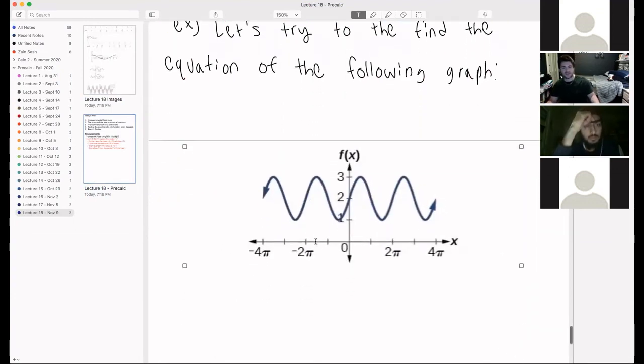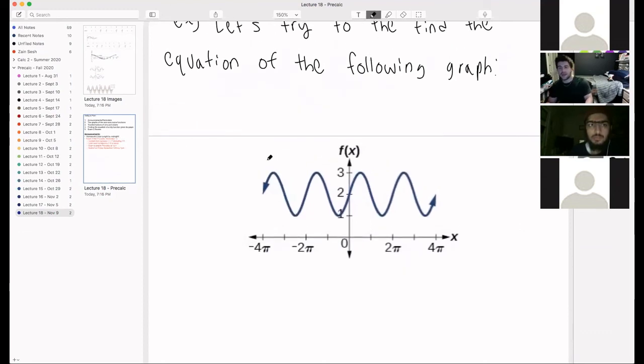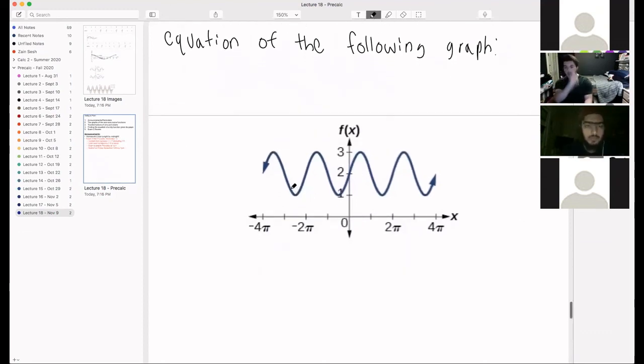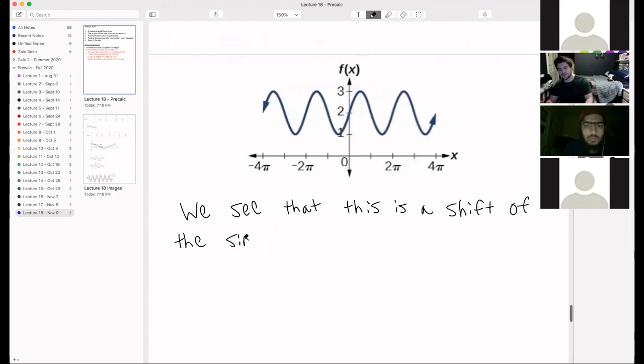This is the next part of class: I'm going to give you a graph and I would like you to tell me the algebraic formula that this graph represents. First of all, this is going to be a shift of the sine function. So let's get that down. We see that this is a shift of the sine function.